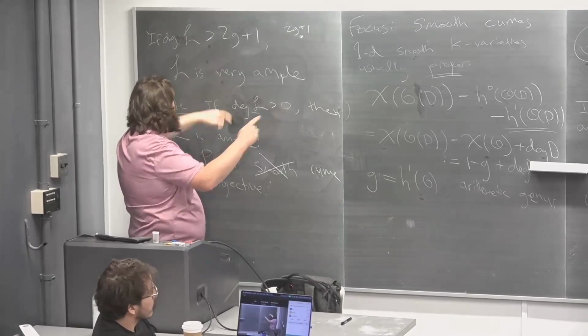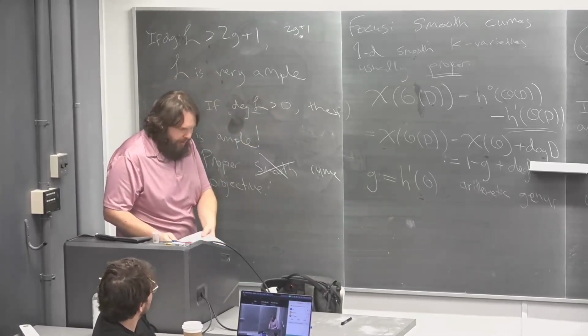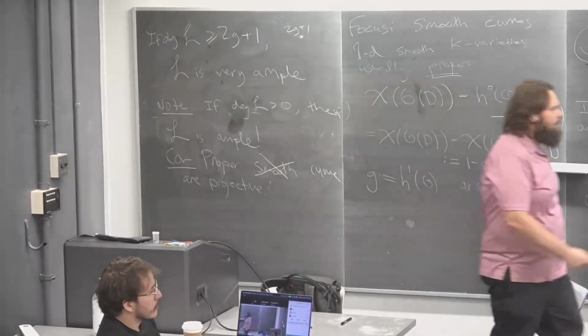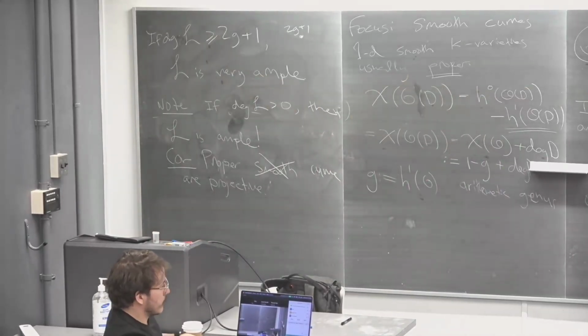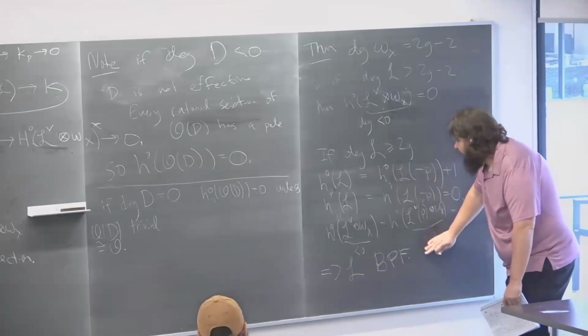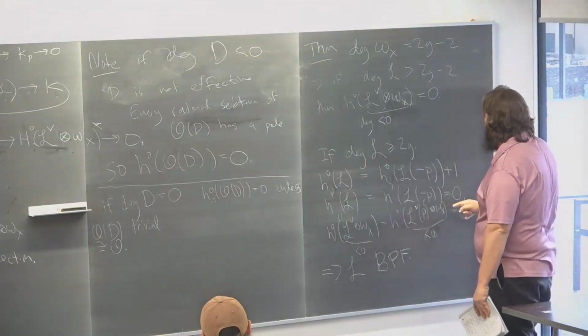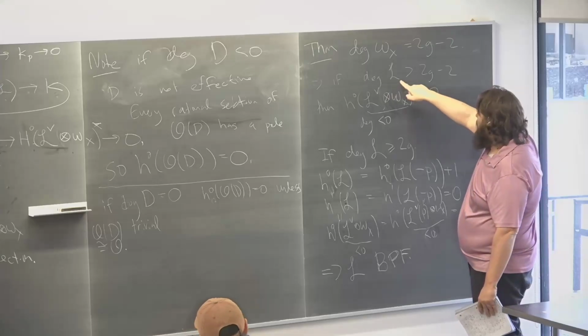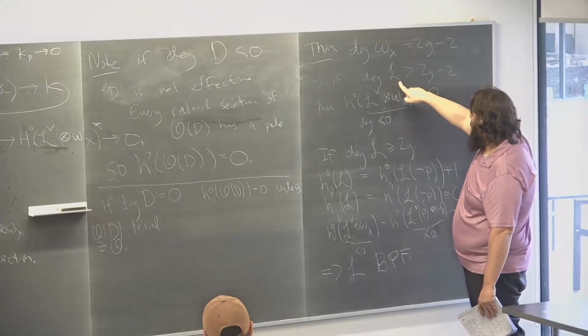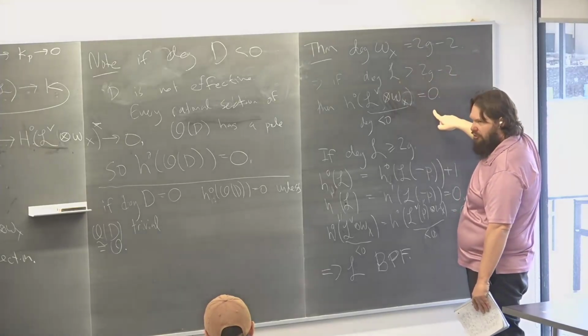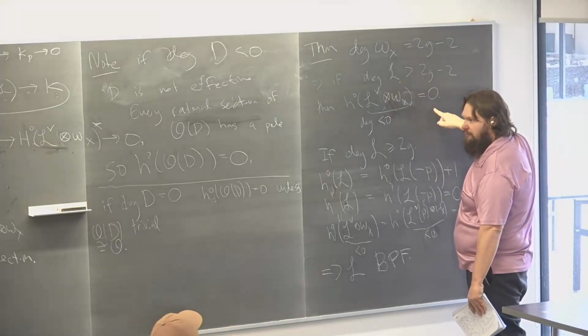With 2g, I think this is right, what we saw here is that the line bundles of degree 2g minus 1 already have vanishing first cohomology.